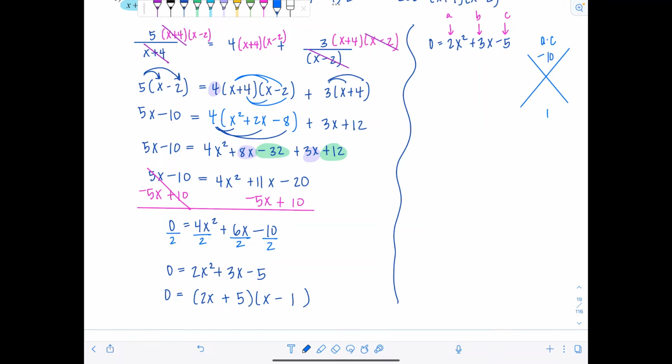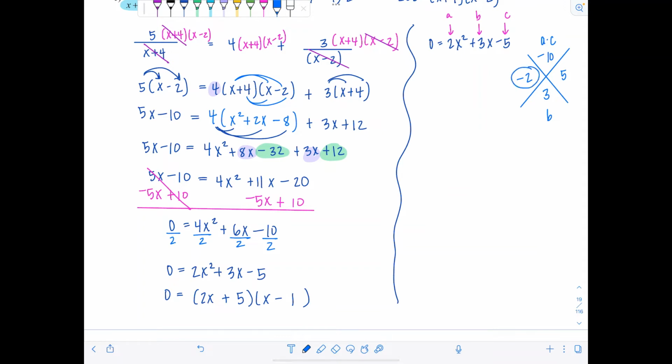Okay, and then B, here's your basement, 3. Can you think of two numbers that multiply to -10 and add up to 3? So what multiplies to 10? 1 and 10, that's not gonna add up to 3. 2 and 5, yes. So since it's a -10 and a +3, we would have a -2 and a +5.